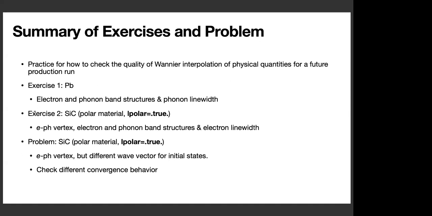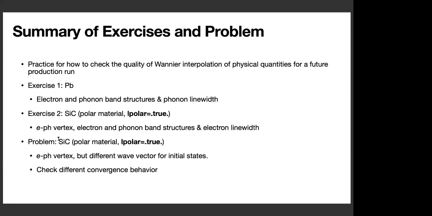Then in exercise 2, you consider the polar insulator, silicon carbide. In this case, additionally, you will compute the electron-phonon vertex on selected symmetry lines when using EPW and the phonon code. And finally, you need to compare them. And the last one is the problem.